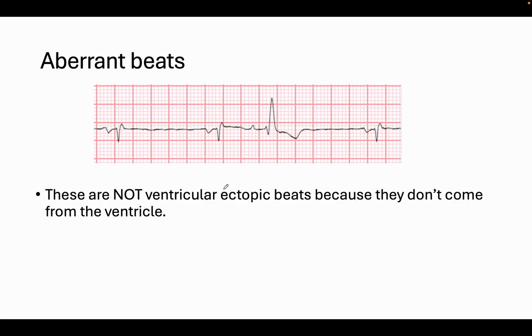And what aberrant beats essentially are, they're an early atrial impulse that's gone down the His bundle system when it hasn't fully repolarized. And that's why you get that broad complex, because there's sort of a funny delay that's occurring, which forms a weird looking QRS.